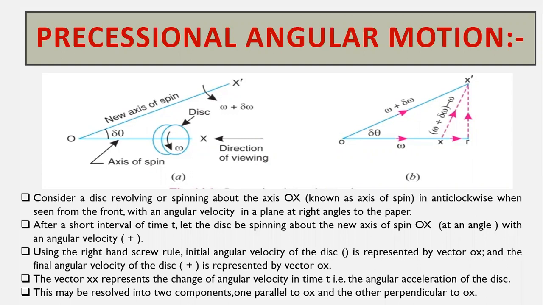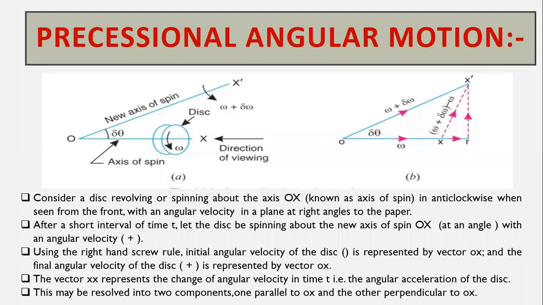So using the right hand screw rule, the initial angular velocity of the disk is represented by the vector OX, and the final angular velocity of the disk is represented by the vector OX dash. Then the vector XX dash represents the change of angular velocity, that is the angular acceleration of the disk.